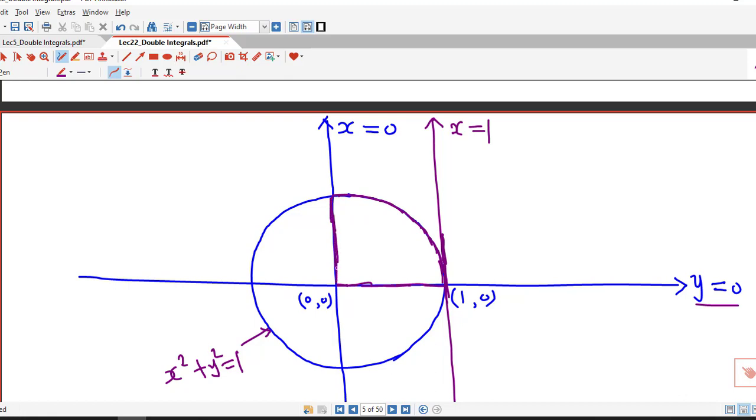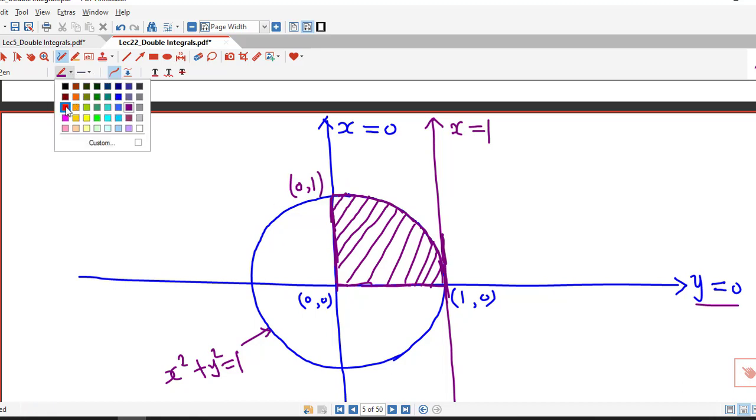So our region of integration is the portion of the circle in the first quadrant. So this is the region of integration. This distance is 1, so this point is the ordered pair (0, 1).